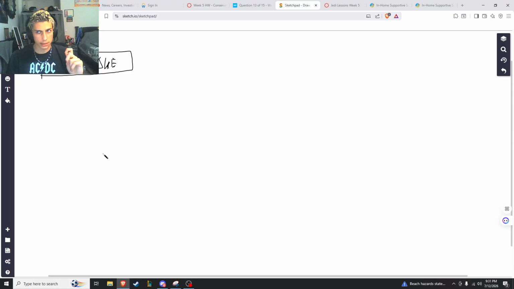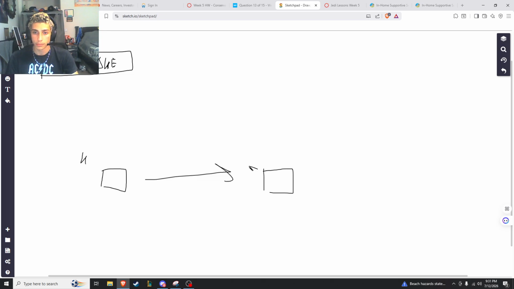So let's give an example here. If we have a box here, and the box is speeding up, so it's getting faster. The initial kinetic energy, let's just say it's 20 joules. And the final kinetic energy over here would be 80 joules.